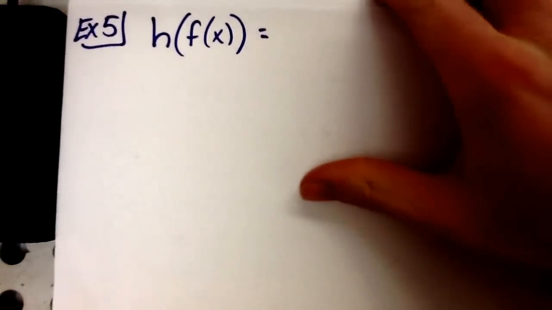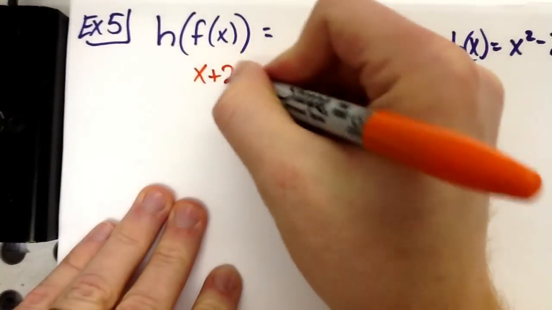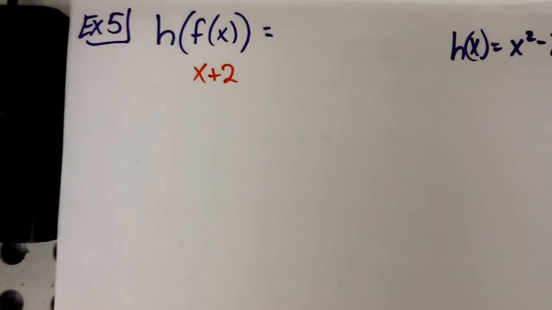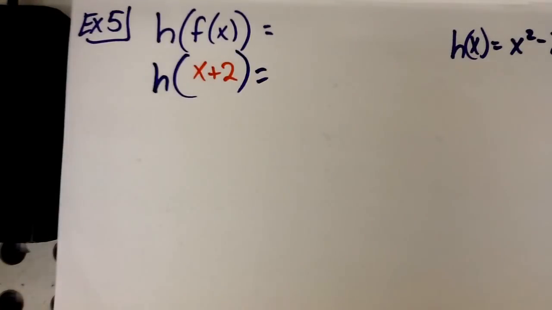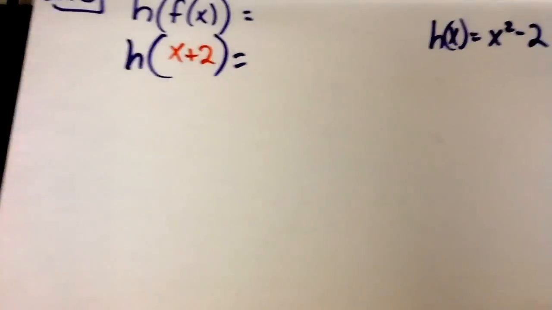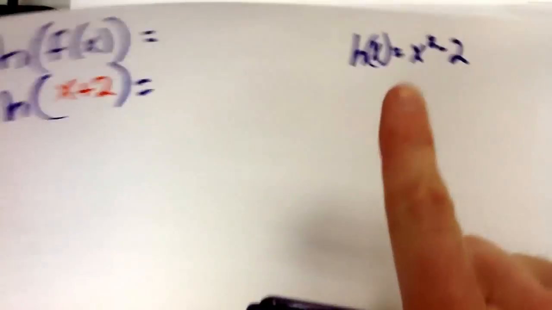Well, first of all, I'm going to start with the innermost parentheses. I know what f of x is. It's x plus 2. I gave you that in the beginning of the lesson. So what we're really finding here is h of x plus 2. All right, so again, h of x is x squared minus 2.